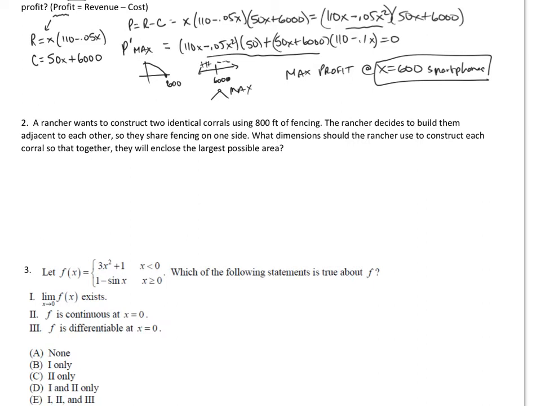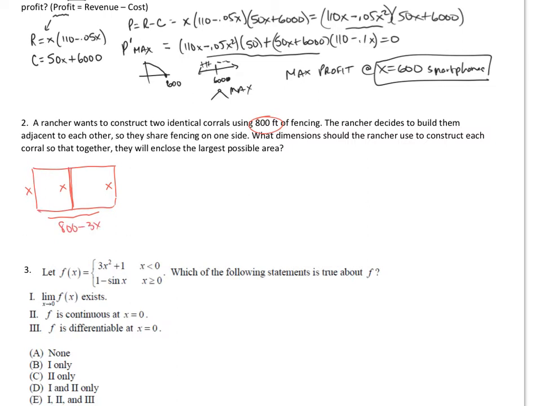Again, this is an optimization. We want to optimize this area. So I've got this corral, but there's 2 identical corrals, so we'll just cut it like that. And suppose we use x for each of these sides of the corral for these fencing parts. Well, then we have 800 total, would be the 800 minus the 3x, but I've got two sides.